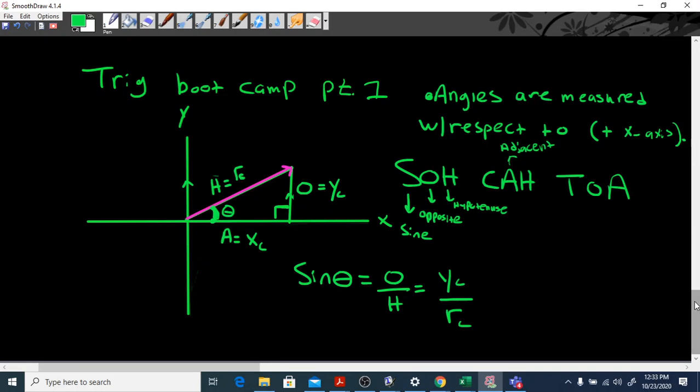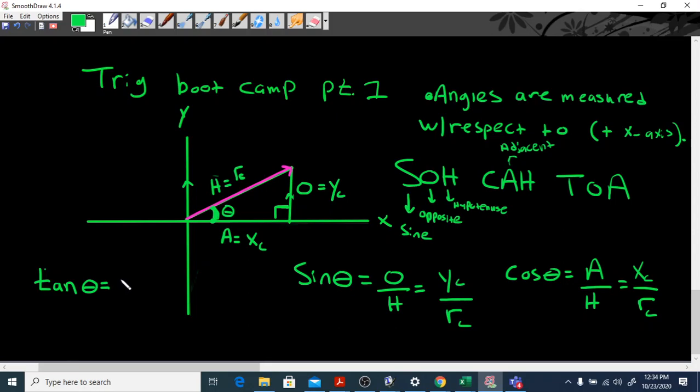CAH: the C stands for cosine. We have that cosine of theta is adjacent over hypotenuse. The adjacent side is the x component, and the hypotenuse is the r component. And finally we have TOA, so that's tangent of theta.